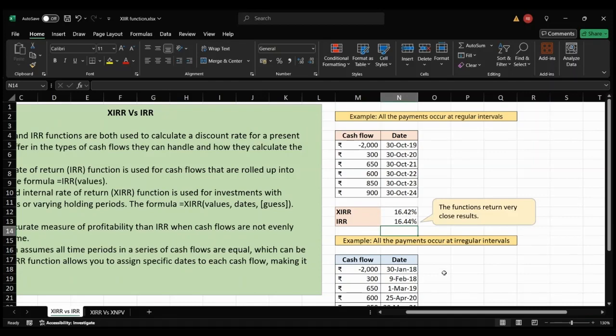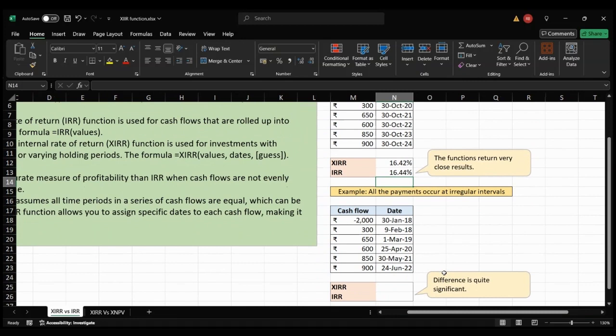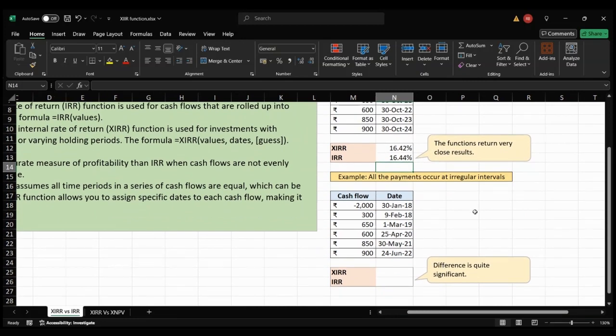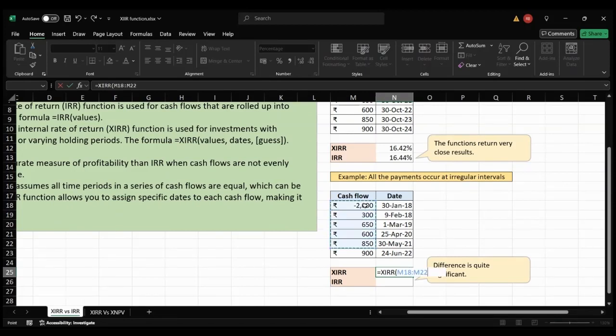Now we'll take another example where all the payments occur at irregular intervals. Okay, here irregular intervals. So here first we'll calculate XIRR. Then we'll select the date range.